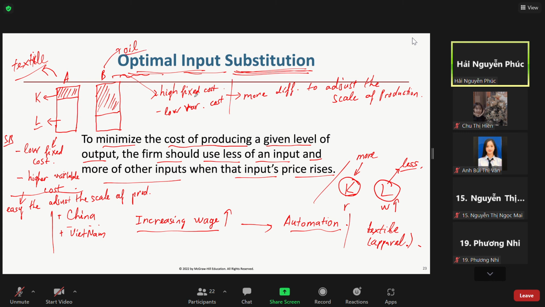So we can see that in the textile industry, it is easier for firms to change the scale of production. For a company in the oil industry, it's going to be harder to change the scale of production, all right? Do you understand? Any questions?